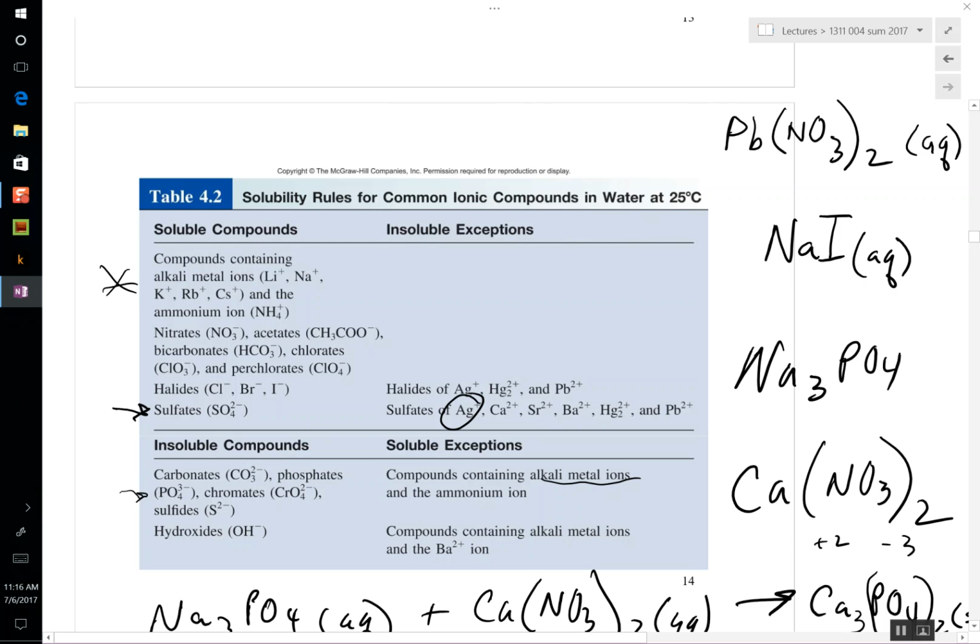But notice that silver is not one of the exceptions over here. So it's saying everything else other than that is not soluble in water. So silver chromate, and here is your identifier right there that you're dealing with a precipitation reaction. That's your precipitate.